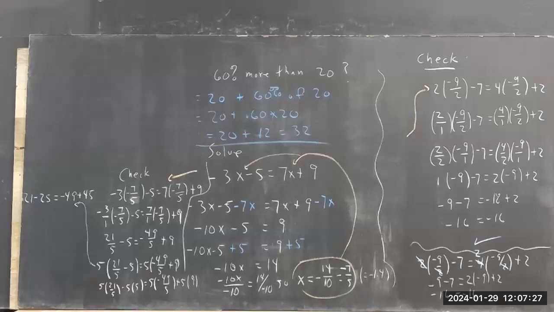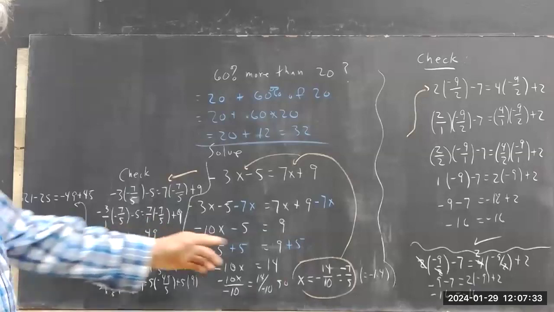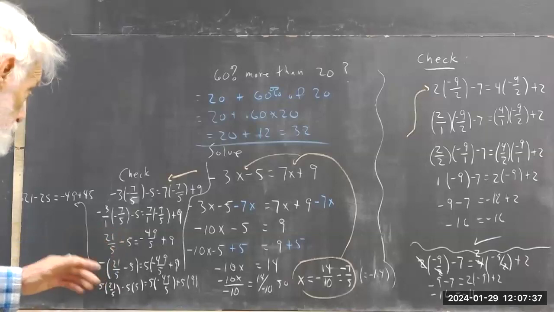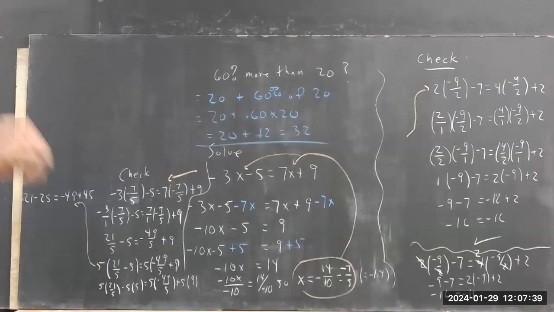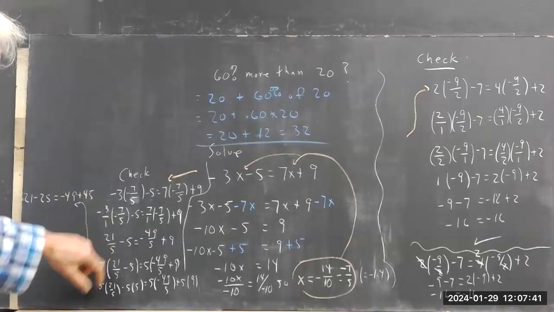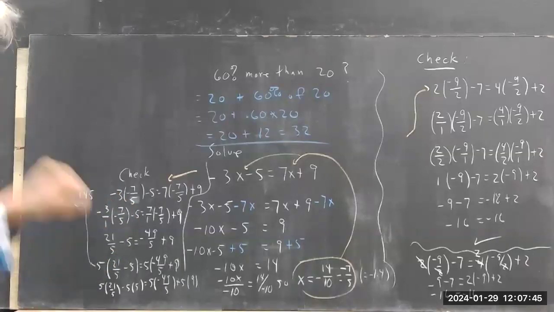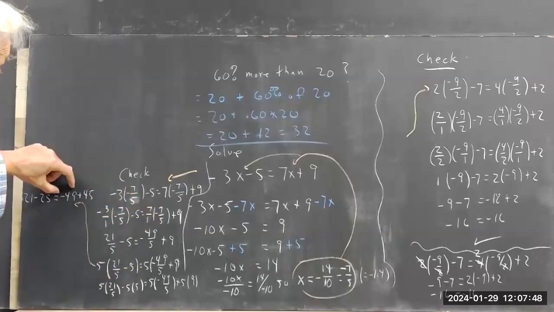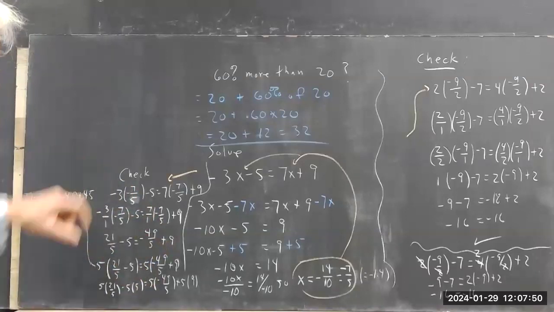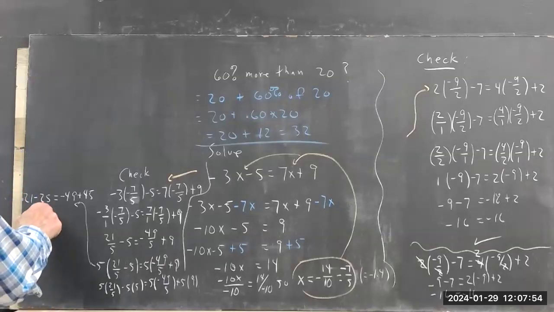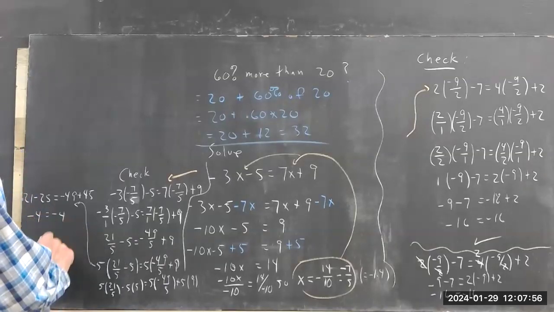And now I don't have to deal with any denominators. So my strategy was, I got denominators in this equality and I don't want to mess with it. So I just multiply everything by that denominator. And the denominators go away. I'm going to multiply this by 5, I get 21. We'll multiply this by 5, I get negative 25. Multiply this by 5, I get negative 49. Multiply this by 5, I get 45. Now I have negative 4 equals negative 4.